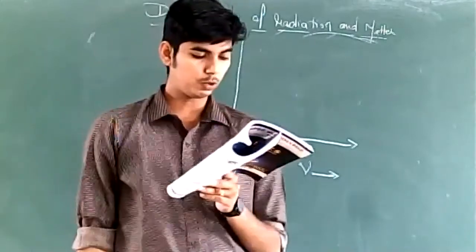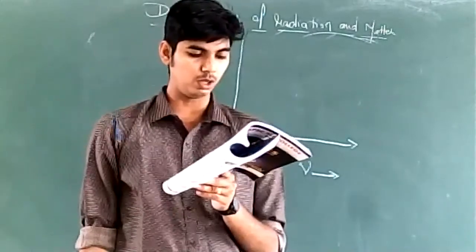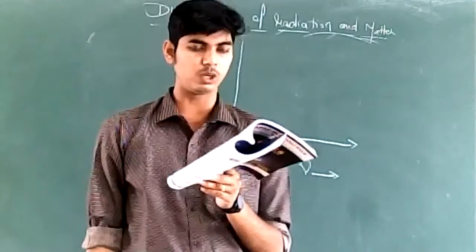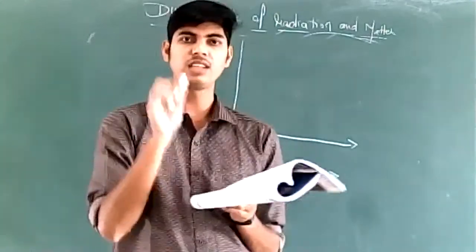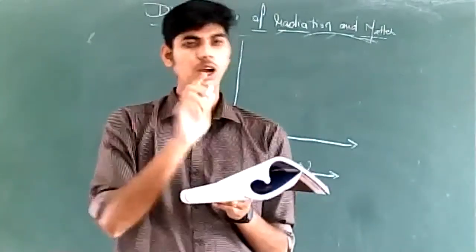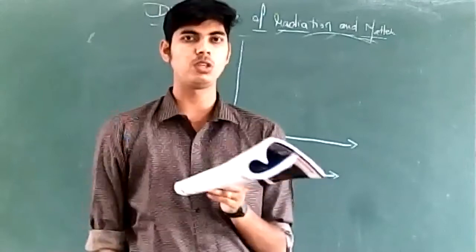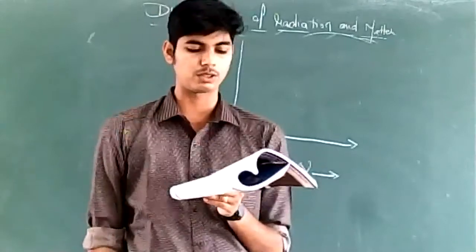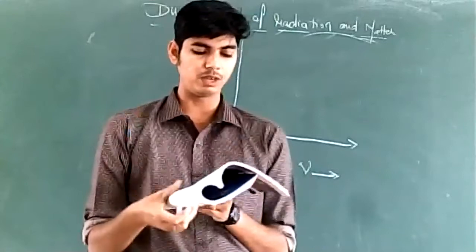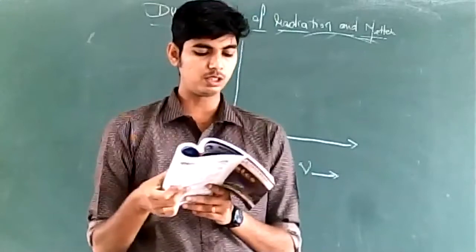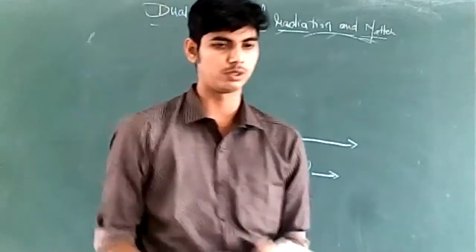The intercept OA on the x-axis is measured to be 0.5 into 10 power 15 hertz. Find the kinetic energy of an electron emitted from the metal surface when the energy of the photon is 5 electron volts.